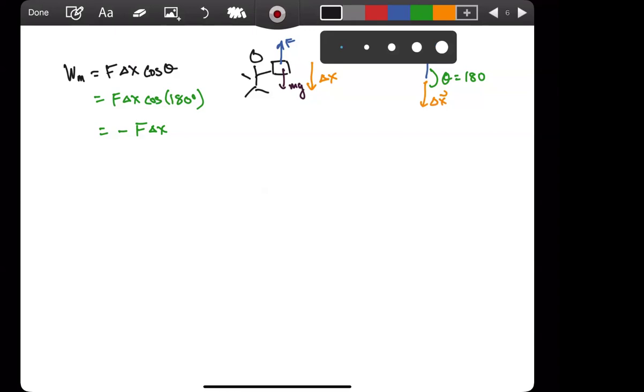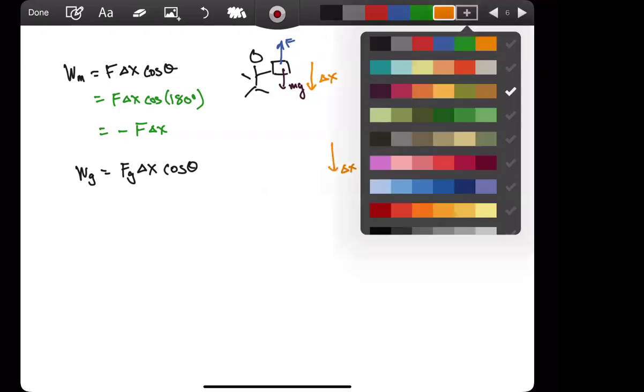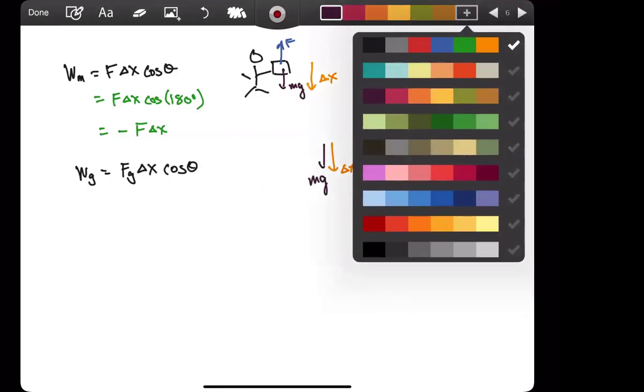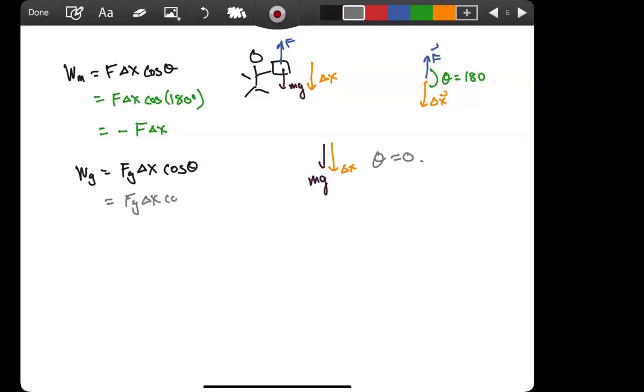But simultaneously, the work done by gravity is going to be equal to the gravitational force times the displacement times cosine of the angle between the two. But again, in this case, my displacement is downward. My gravitational force is also downward, which means the angle between the two is simply going to be 0. So in this case, theta is equal to 0, which means this is going to be just Fg times delta x times cosine of 0, but cosine of 0 is 1.